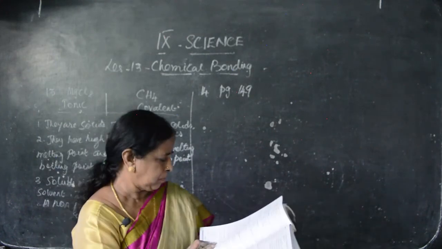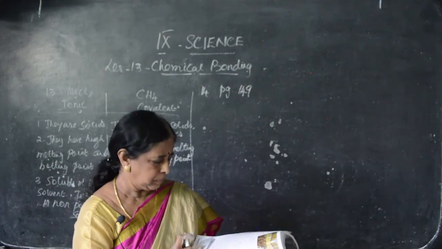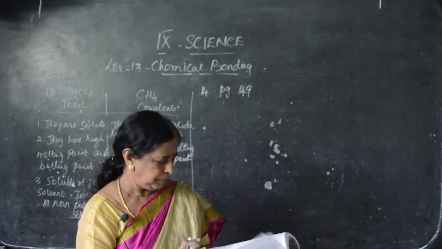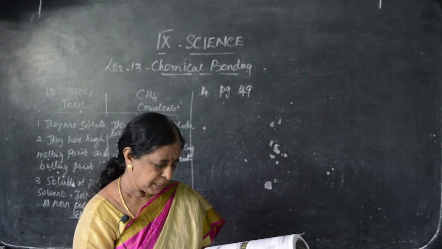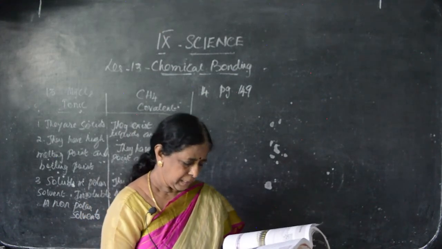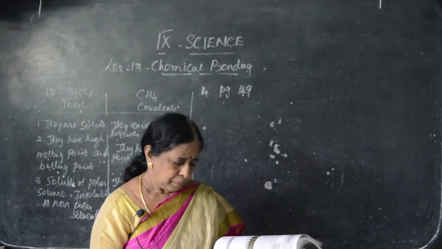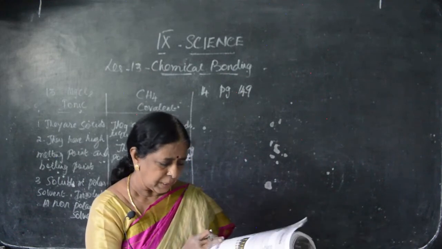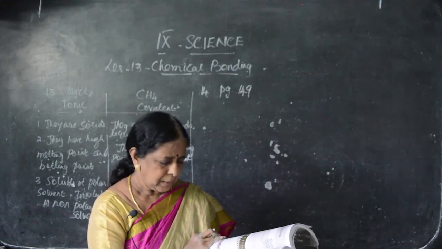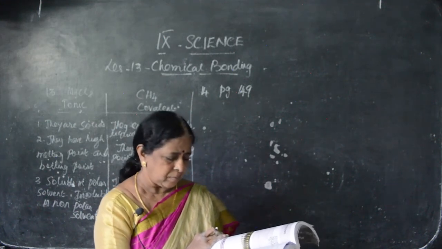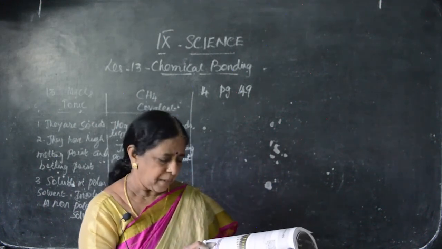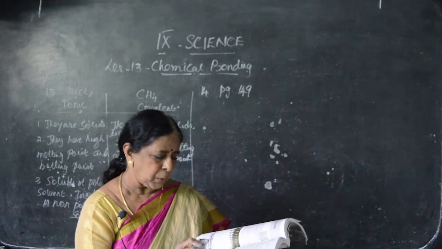Question is, page number 149. I said already the last paragraph, 4th line. Thus by having, open the brackets. Before by having, you have to write noble gases.